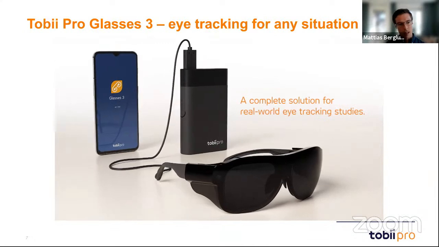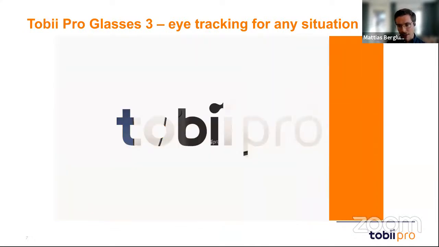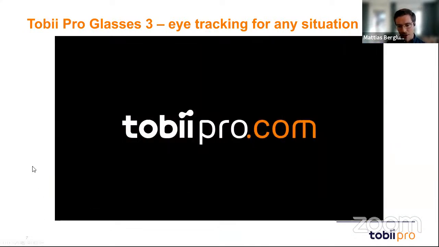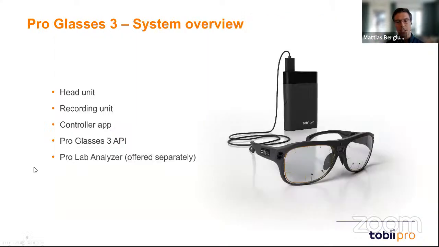Yes, so the system overview: the glasses, as you saw in this video, include the head unit, which is what you put on your head and what tracks the eyes. It has the components to track the eye, and you can get it in 50 Hertz or 100 Hertz eye tracking.